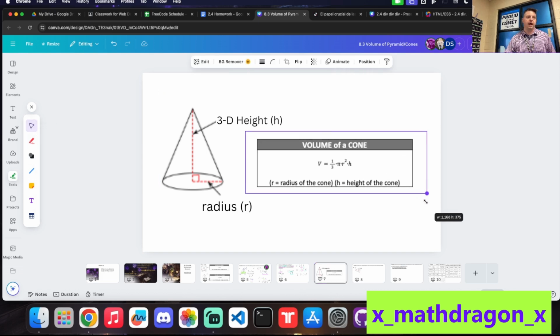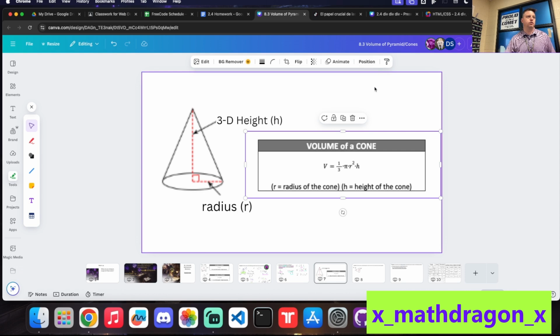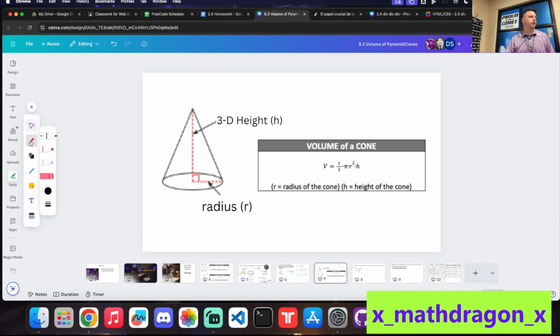And of course, because math always tacks on to old math, when I say volume equals 1/3 base area times 3-dimensional height, what is the area? What's the base area of a circle? It's pi r squared, which is where pi r squared in the equation comes from.